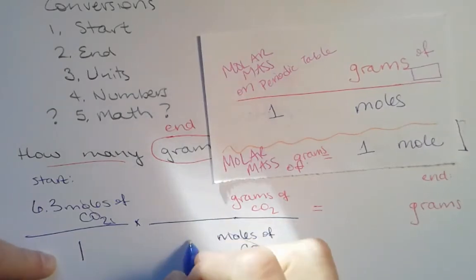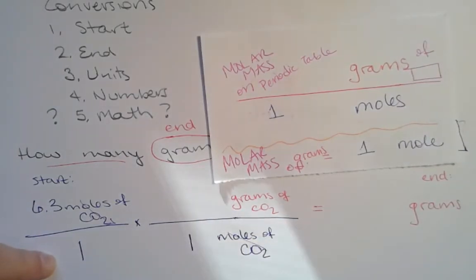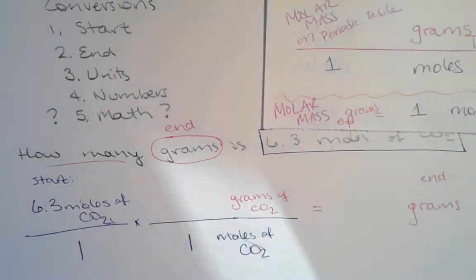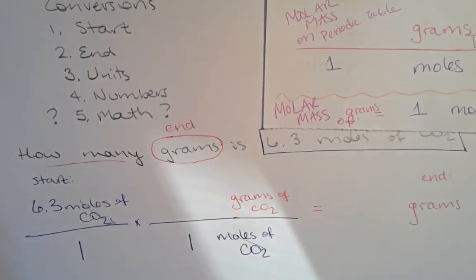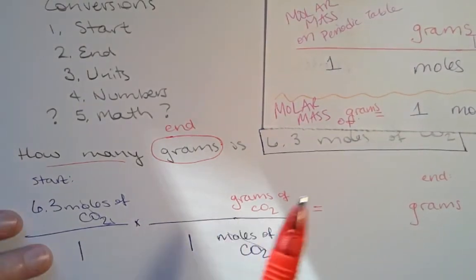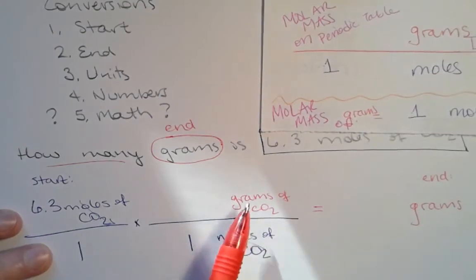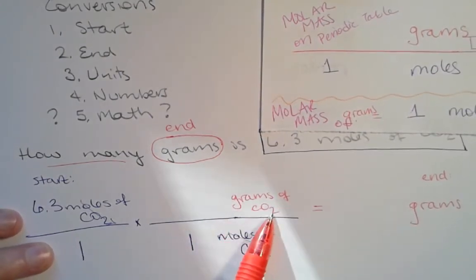We're going to be solving for 1 mole. That's where your 1 goes. Okay. Good. Almost there. Still looking at this molar mass. We're solving for the molar mass in grams of carbon dioxide.